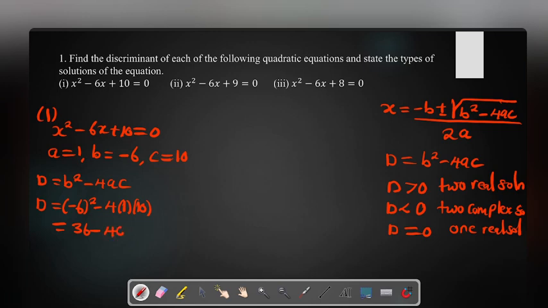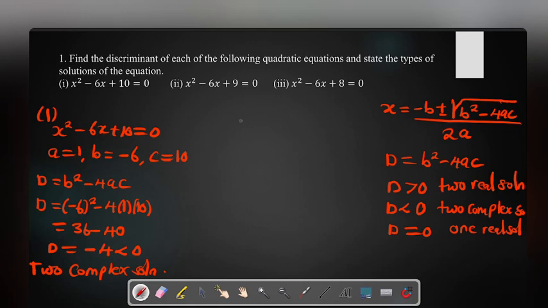Negative 6 squared gives positive 36, minus 40, which gives negative 4. So the discriminant is negative 4, which is less than 0, meaning that when you solve for x, you're going to have two complex solutions.